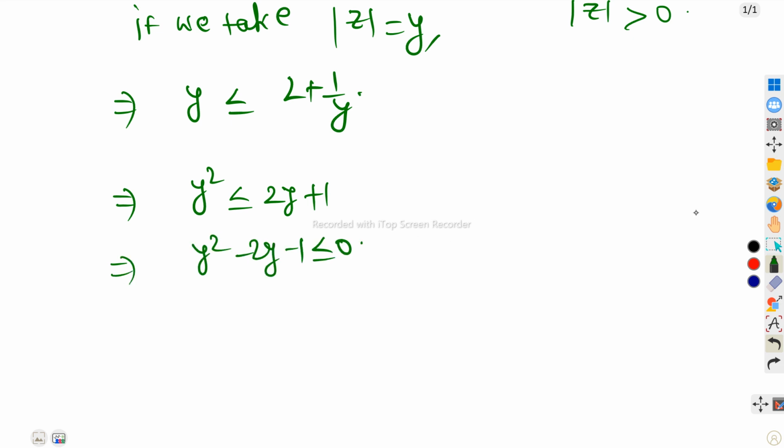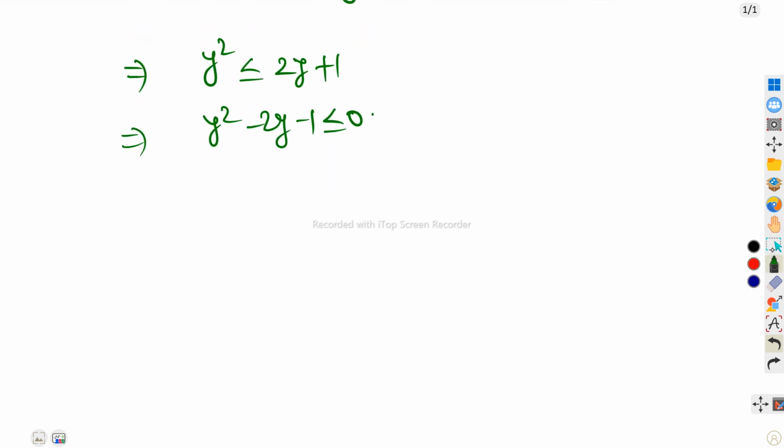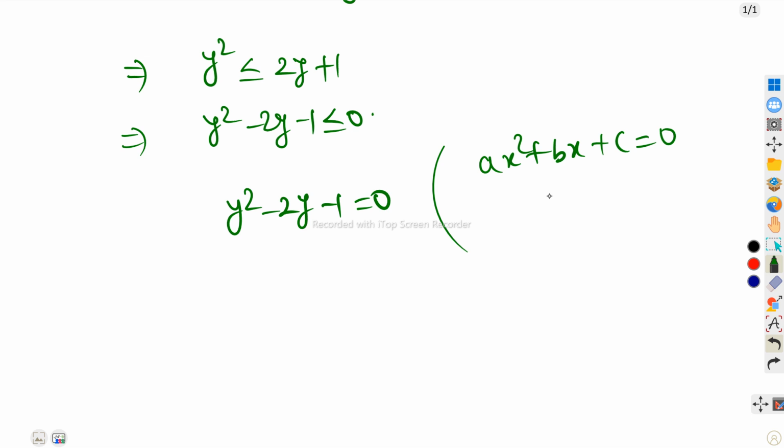To solve this quadratic inequality, first we are going to find the roots of the quadratic equation using the quadratic formula. We know that ax square plus bx plus c has roots x equals minus b plus or minus square root of b square minus 4ac, upon 2a.